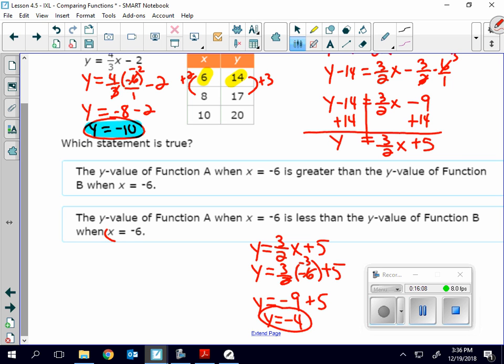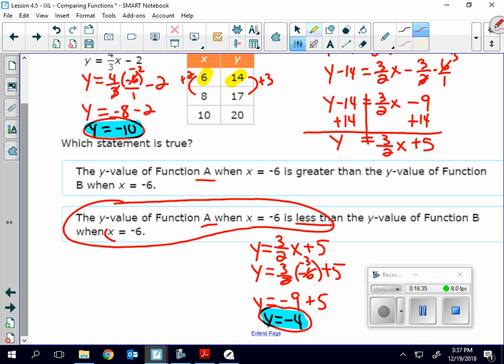So we're comparing function A, which is -10, to function B, which is -4. Which one's greater? Looks like B is greater, which means A is less. -4 is actually bigger than -10. Lots of things to think about when you do these.